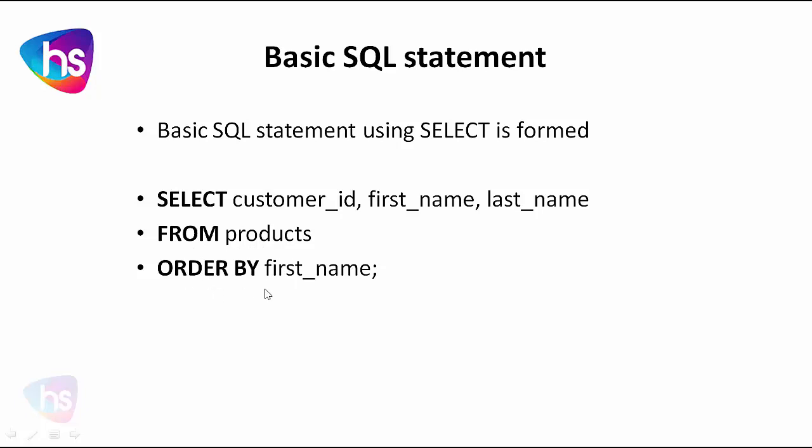ORDER BY first_name: select customer_id, first_name, last_name from products, the table name, ORDER BY, whether in ascending or descending order. Here ORDER BY is used, and nothing is mentioned about ascending or descending order.